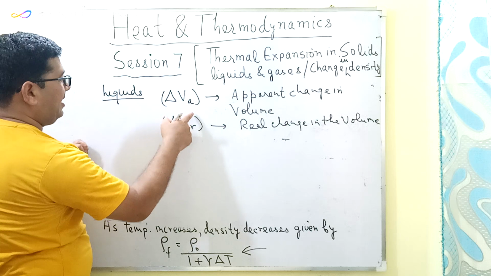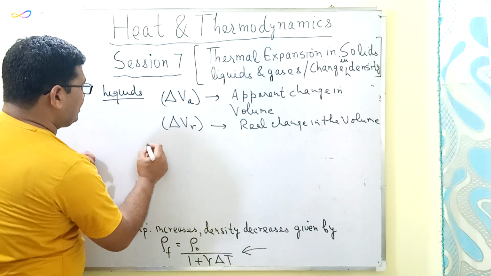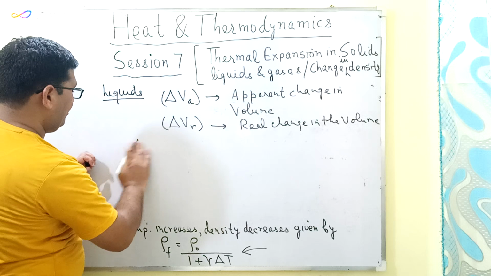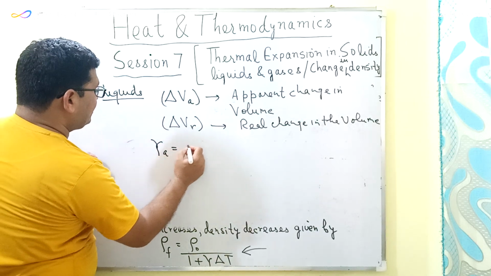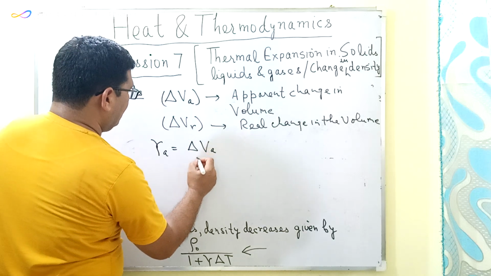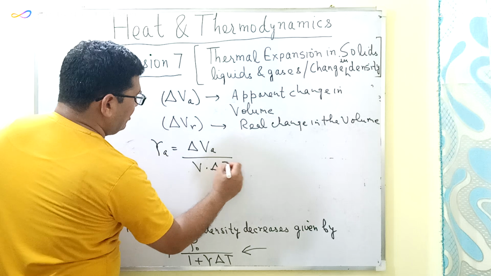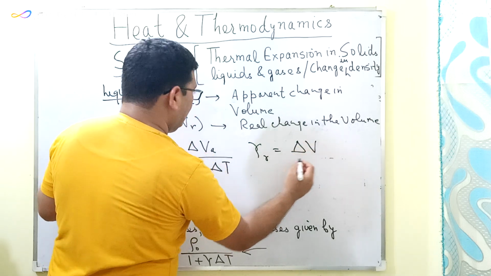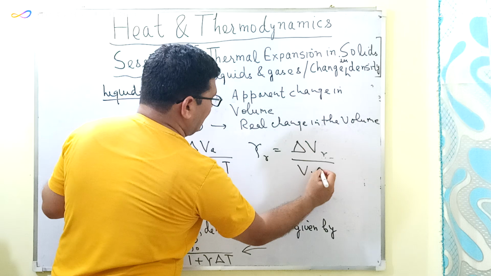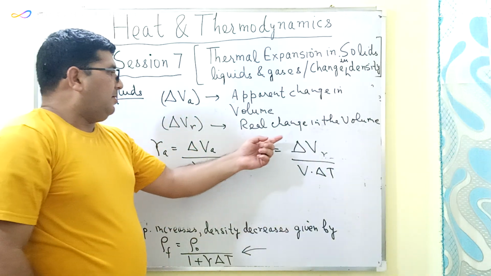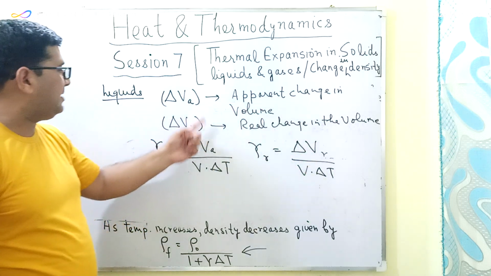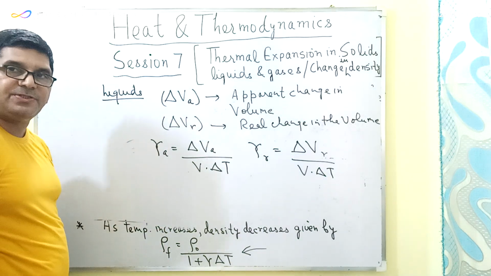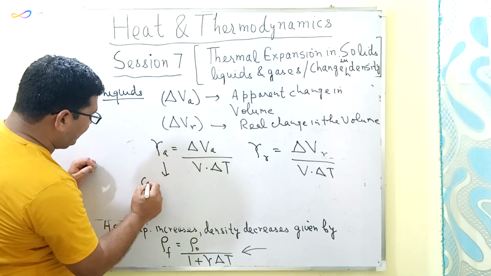Delta VA and delta VR are related to each other by the equation gamma A is equal to delta VA divided by original volume into the change in the temperature, and gamma R is equal to delta VR divided by V into delta T, where delta VR is the real change in the volume of the liquid, and delta VA is the apparent change in the volume of the liquid, V is the original volume, and delta T is the change in temperature, and gamma A is the coefficient of apparent expansion.